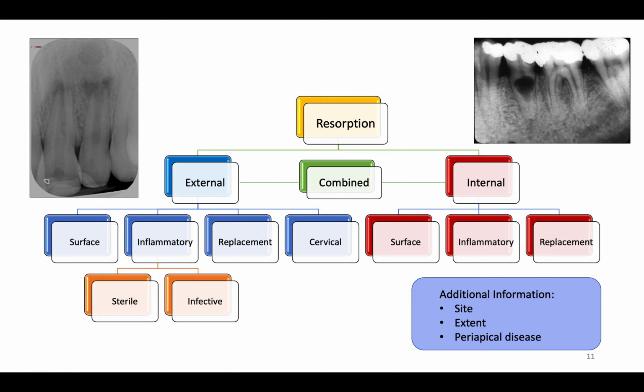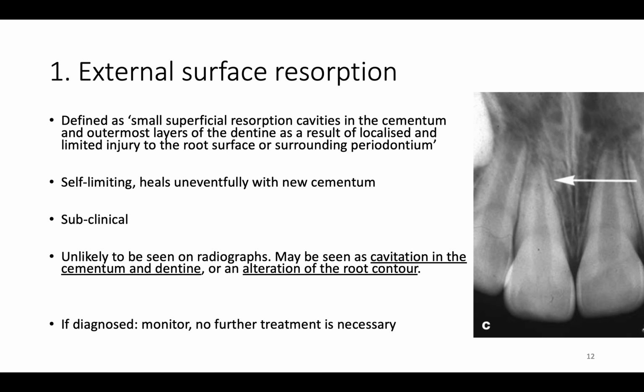So you can add extra information describing the site of the resorption, the extent of the resorption, and whether there is a concurrent periapical disease or not. Okay. So let's discuss and describe these categories. It's very important to know how to diagnose these conditions clinically and radiographically, and how to manage them.